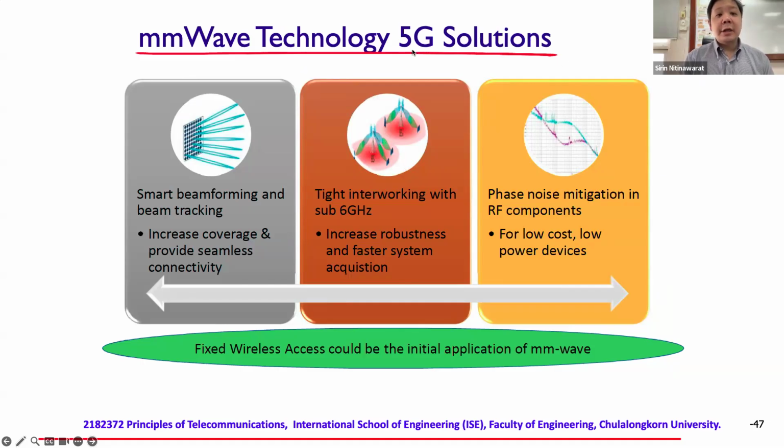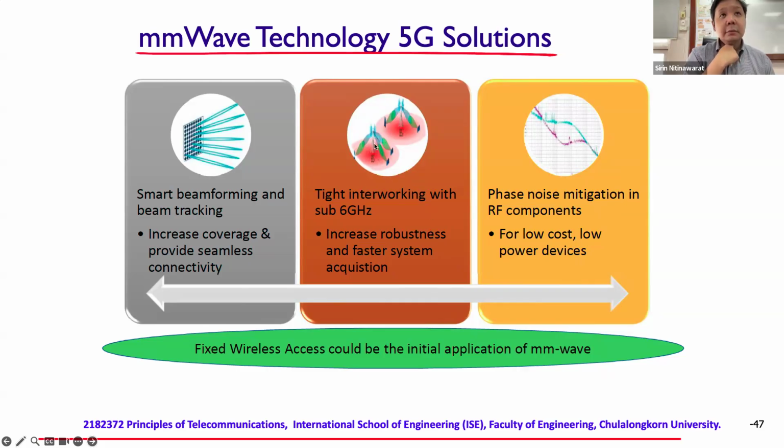Another related solution that can be integrated into the millimeter wave deployment is beamforming, okay, using multiple antennas to increase the coverage and provide seamless connectivity. In terms of front end, okay, you can use some mechanism like phase noise mitigation to reduce the cost and save more power.